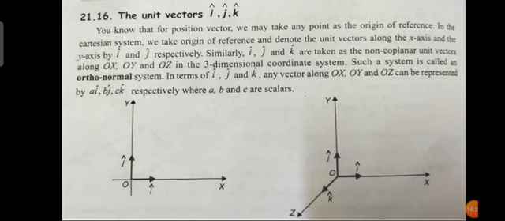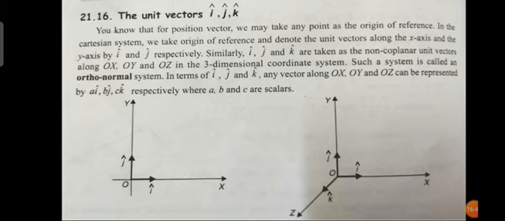I cap is along the x-axis, j cap is along the y-axis, and in the 3-dimensional system, k cap is along the z-axis. That is OX, OY and OZ. These are non-coplanar unit vectors.